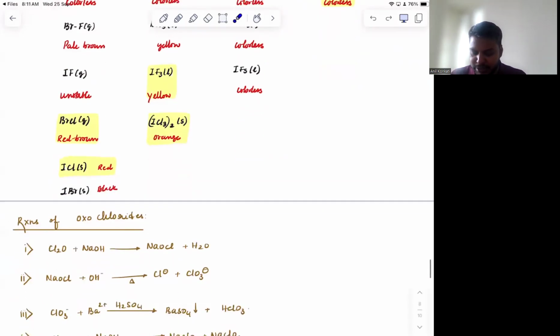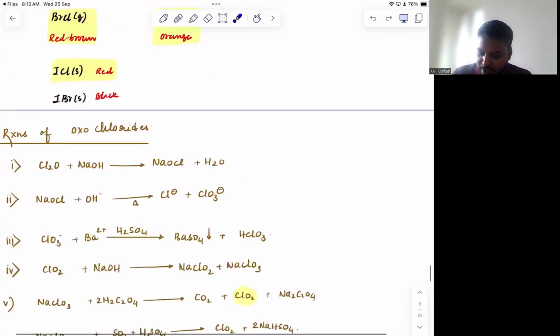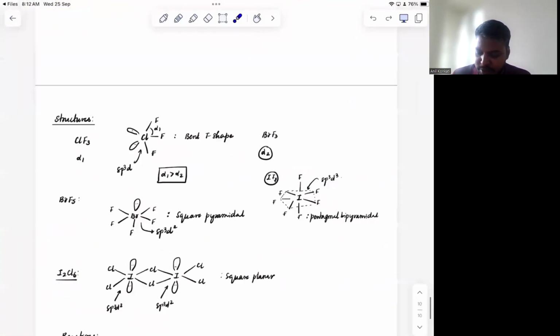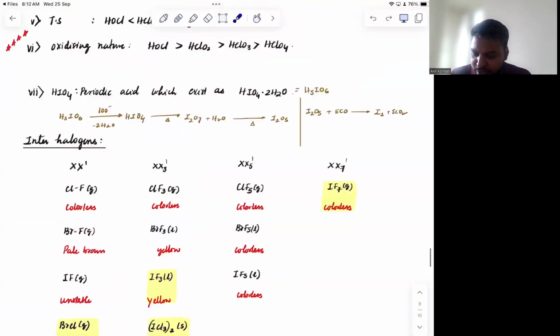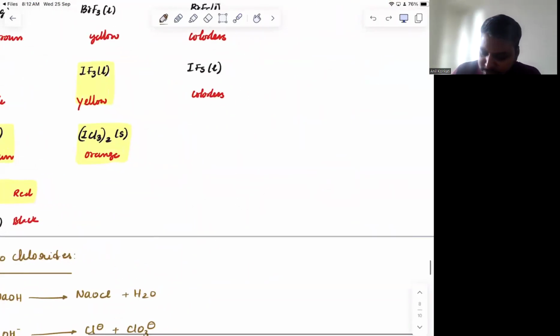Right. And you see, all these interhalogens are covalent in nature. Let me just add on that first.